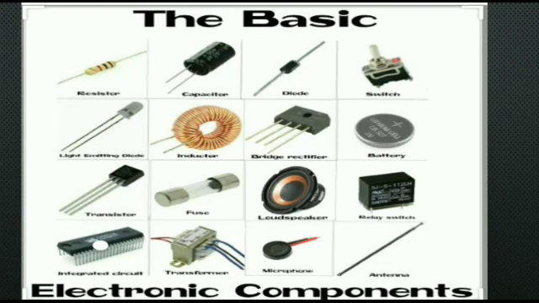See these basic electronic components. Students, you should know these basic electronic components. If you go for higher studies, it will be helpful for you. The resistor, capacitor, diode, switch, LED, inductor, rectifier, battery, transistor, fuse, loudspeaker, switch, relay switch.